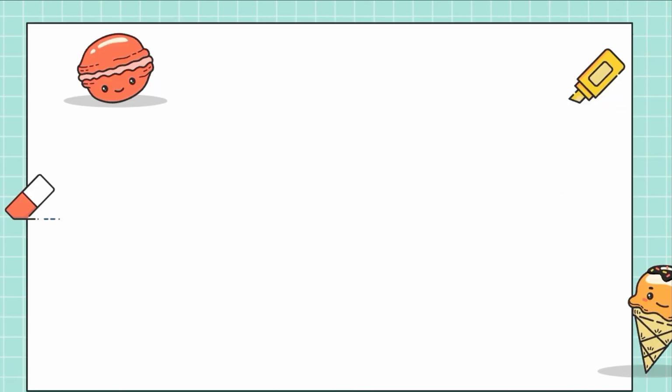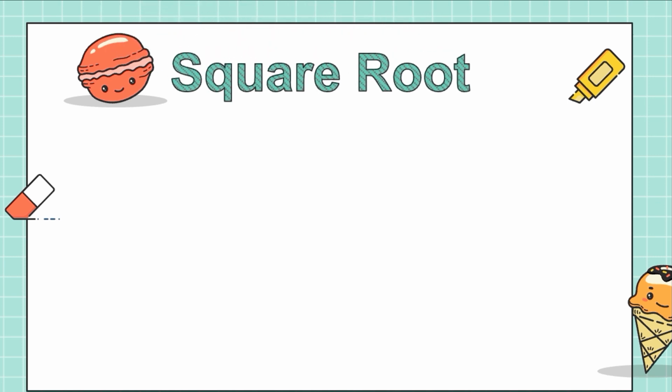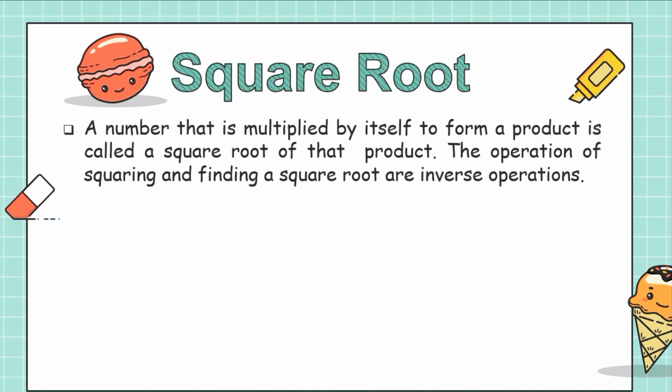Now, let's go back to our main topic, square roots. You will learn that a number that, when multiplied by itself to form a product, is called a square root of the product. The operations of squaring and finding a square root are inverse operations.